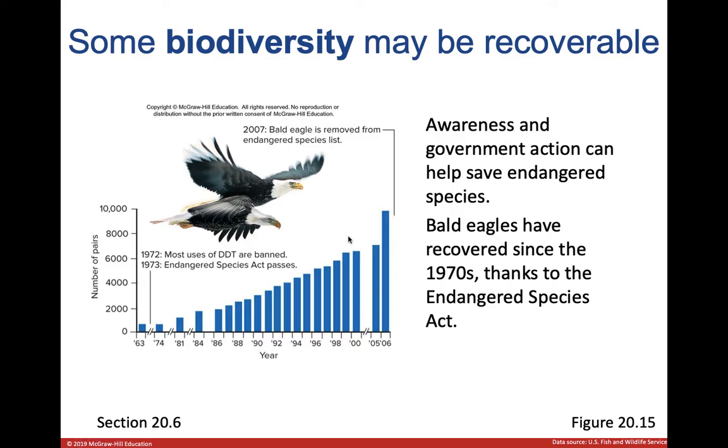So sometimes you can fix these problems by spreading awareness. DDT is a chemical that was used to prevent the growth of bugs and lice. It was used as a pesticide up until 1972. It was used for a really long time on plants, spraying for pests.